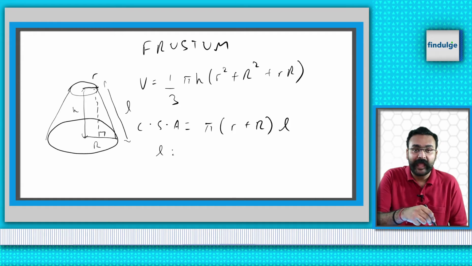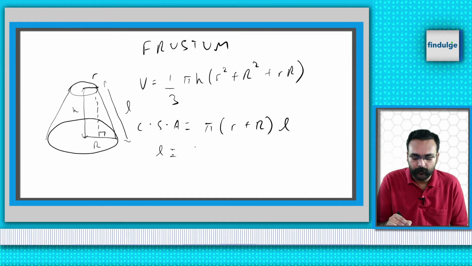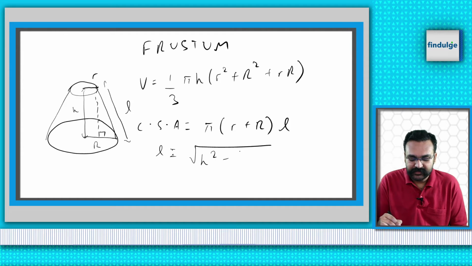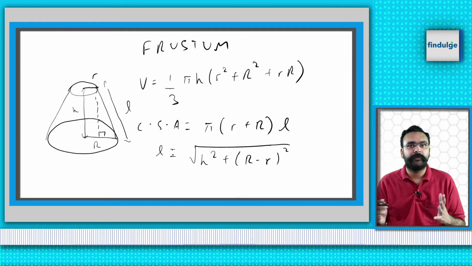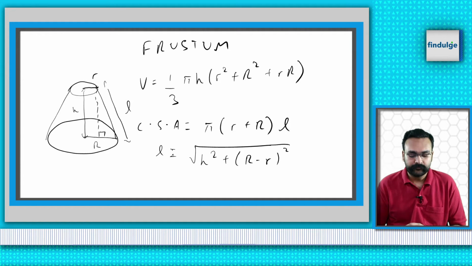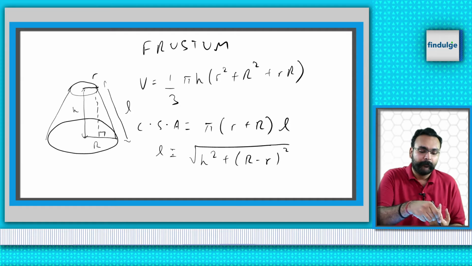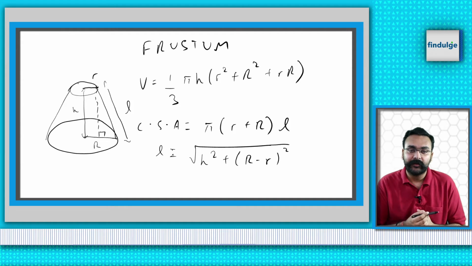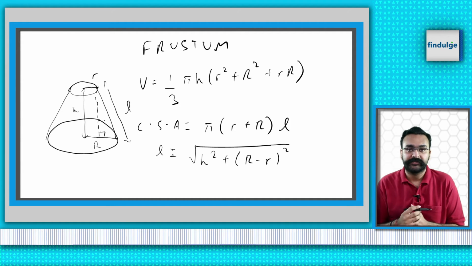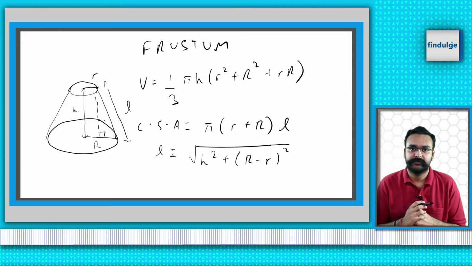So L is equal to under root h square plus (R minus r) whole square. Simple Pythagoras theorem. Of course, for the total surface area, we would have to add pi small r square plus pi big R square, simply adding the circles.